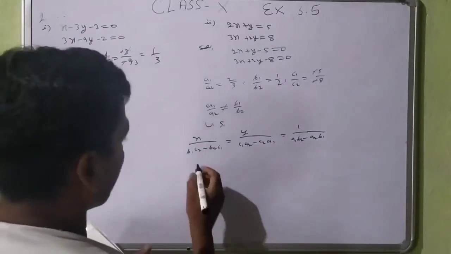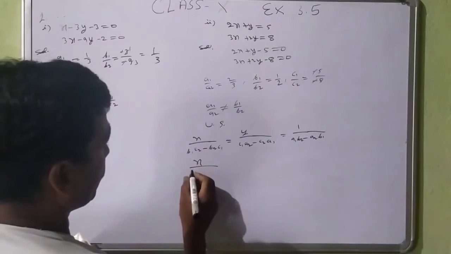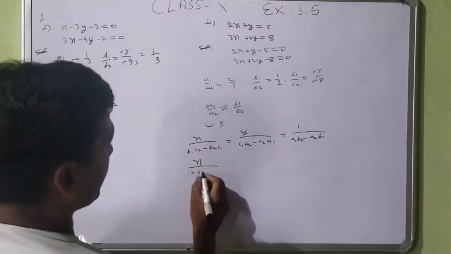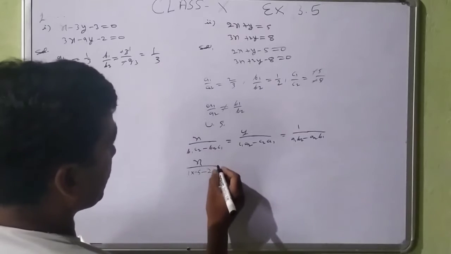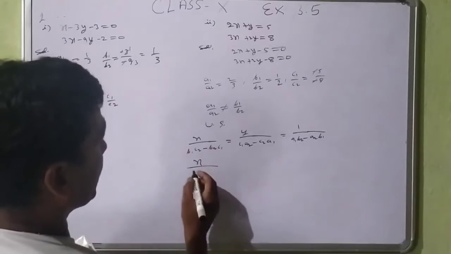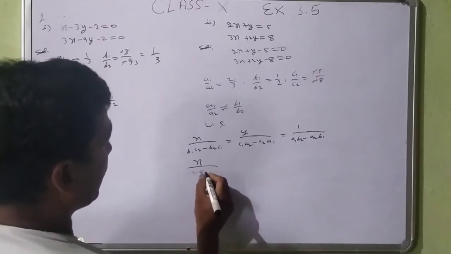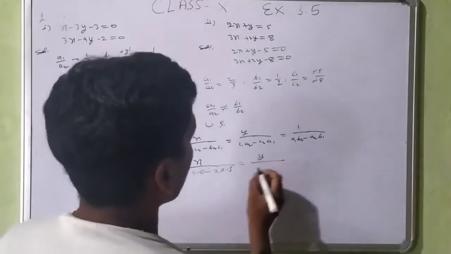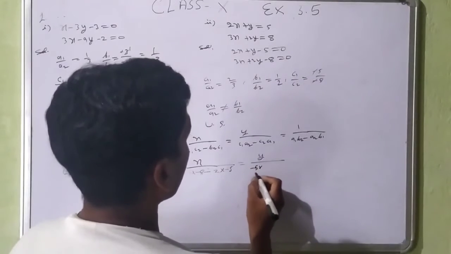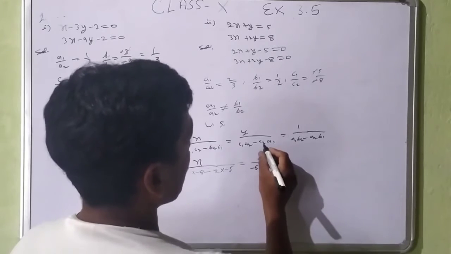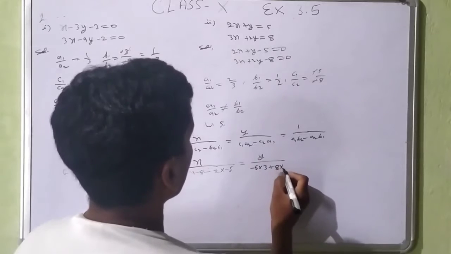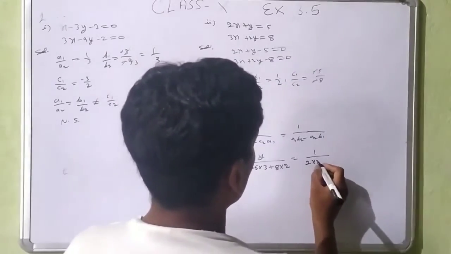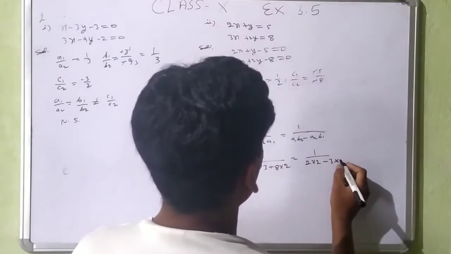Now, x upon: b1 is 1 multiplied by c2 which is minus 8, and then minus b2 which is 2 into c1 which is minus 5. y upon: c1 is minus 5 into a2 which is 3, minus c2 which is minus 8, and here is also minus, so plus 8 into a1 which is 2, is equal to 1 upon a1 which is 2 into b2 which is 2, minus a2 which is 3 into b1 which is 1.